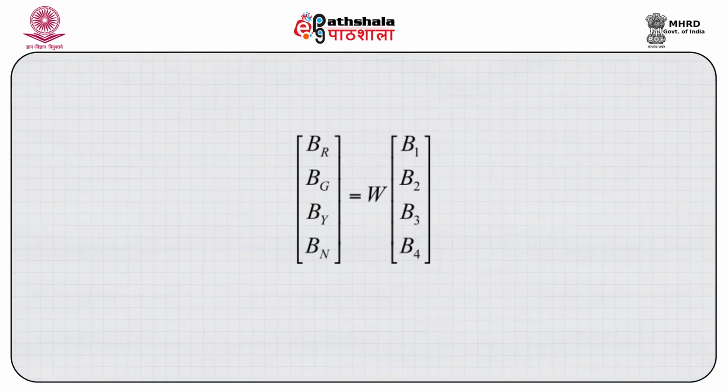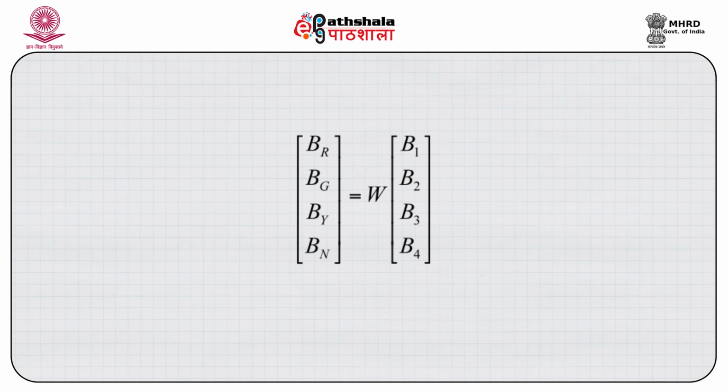As we can see, the matrix given by Kauth and Thomas suggests certain weights for different spectral bands and for different components of the crop. These can be compared as here: BR, BG, BY, BN, where BR is the redness, BG the greenness, BY the yellowness and BN is non-such or the noise in the data.